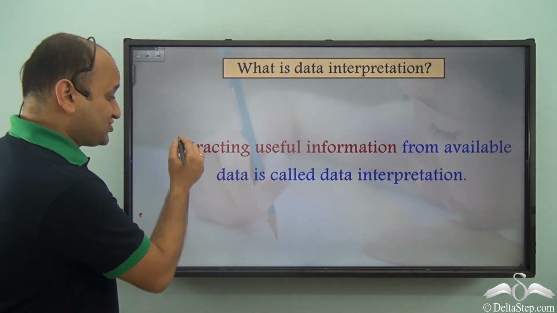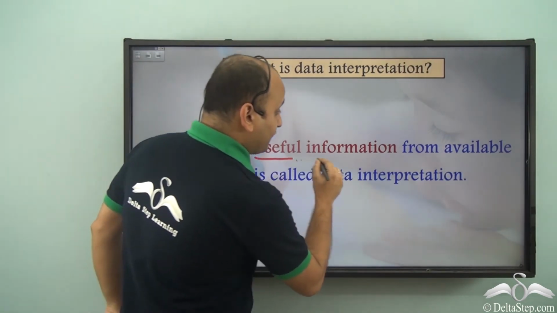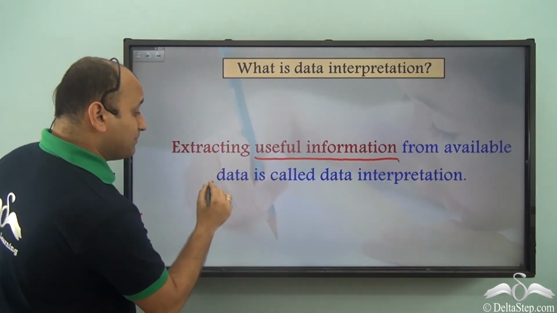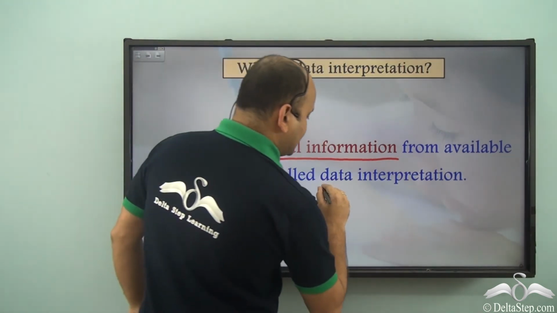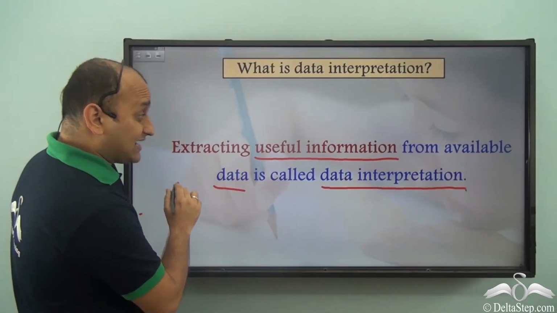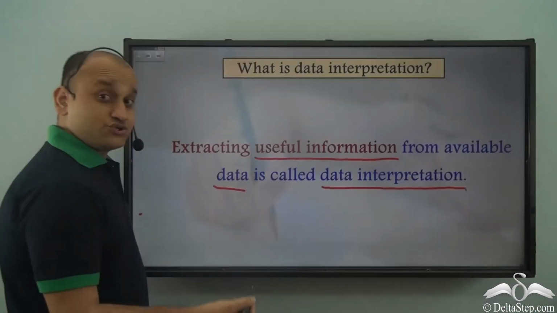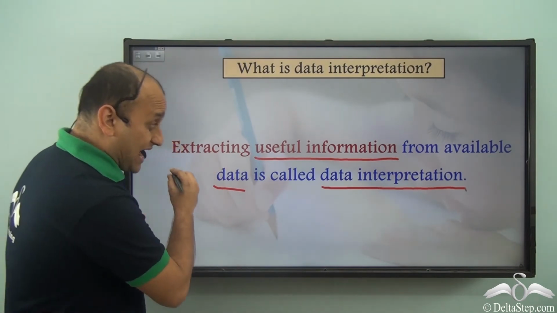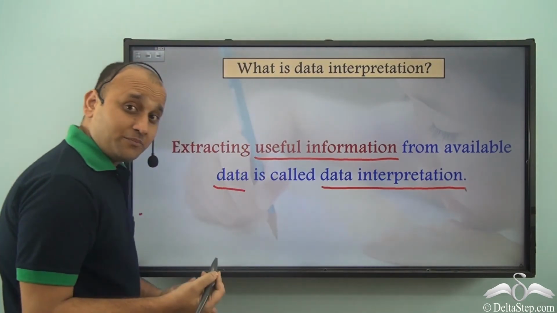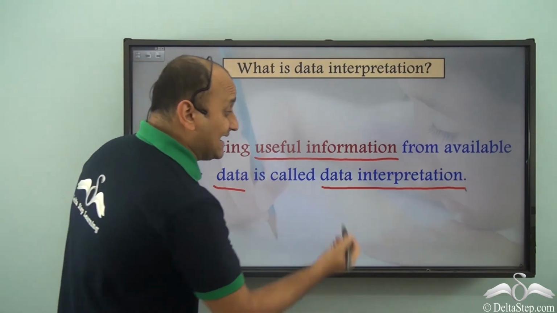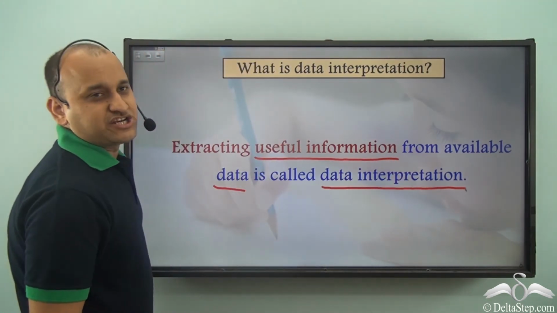Well, extracting useful information from available data is called data interpretation. So whenever you are extracting useful information from data, you are performing data interpretation.